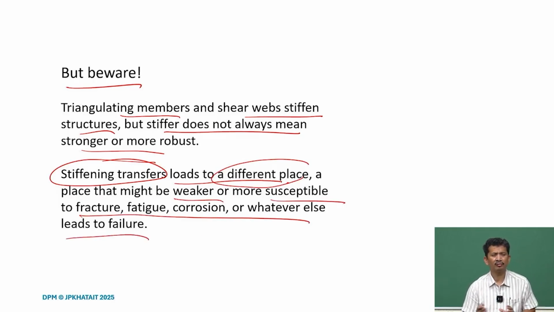So, we always have to be aware that when we are providing that extra stiffness, extra rigidity, how the load is getting transferred. So, again we have to be aware of the load path, and look at it together: if the load is getting transferred from one place to another, and the stiffness is provided at one point, how is it getting mitigated at another place, or whether it is affecting the part elsewhere. So, we have to be aware of the consequences.